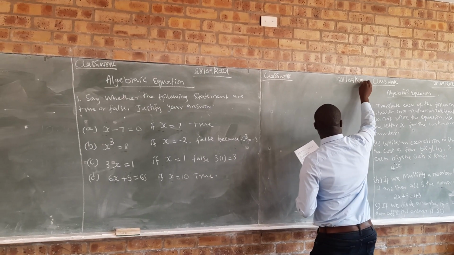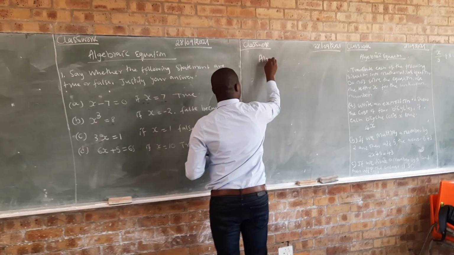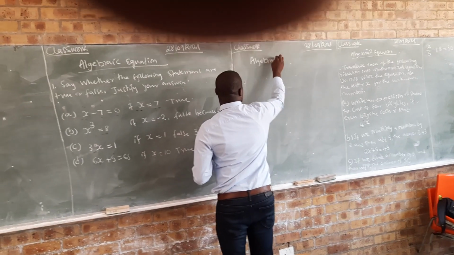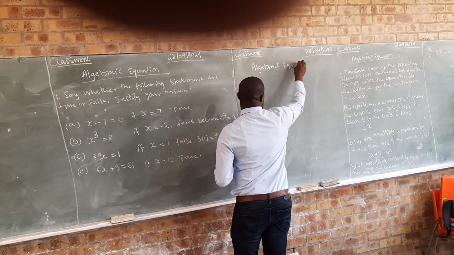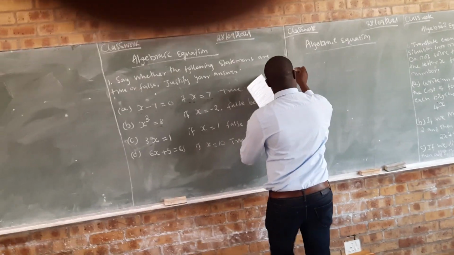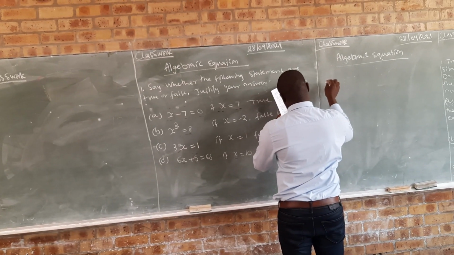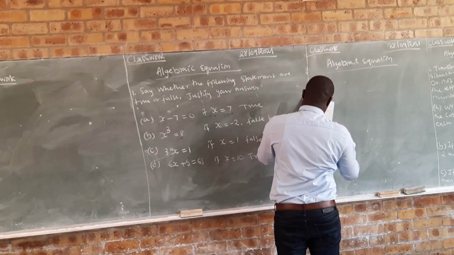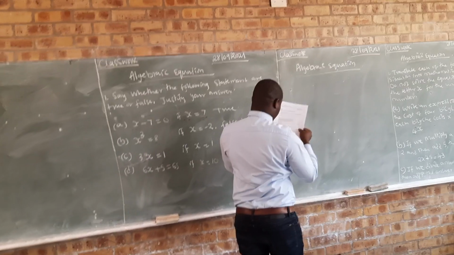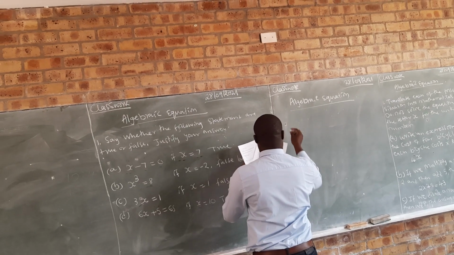2809 2021. So therefore, the topic is still about algebraic equations. There's something that is missing here, I don't know what happened there, but we're just going to use it.